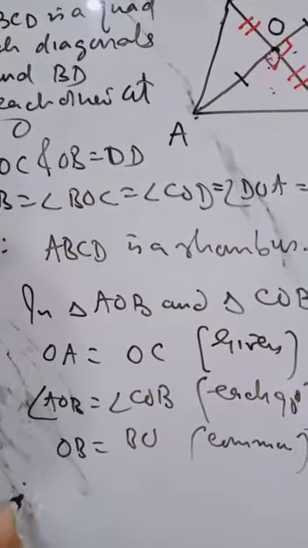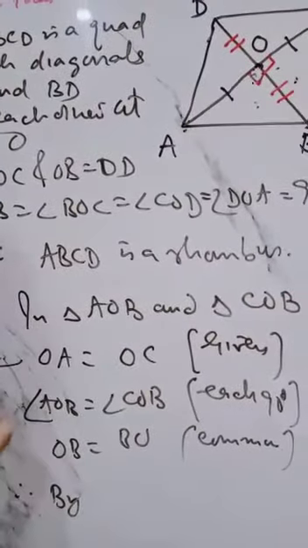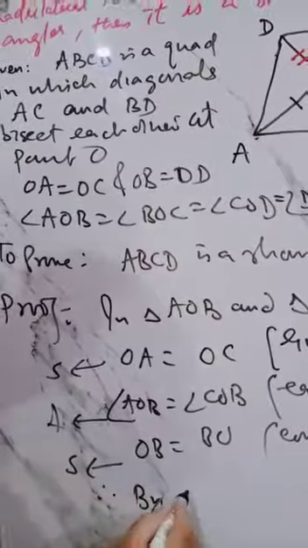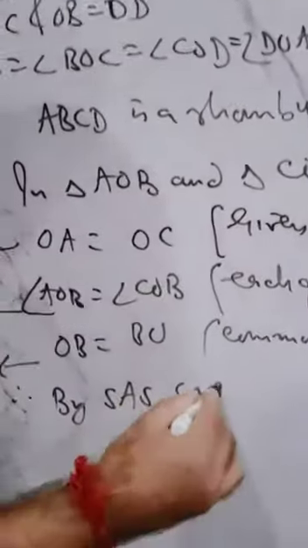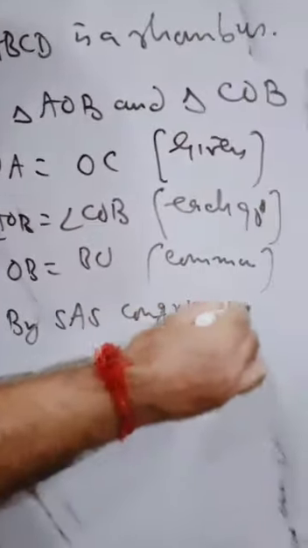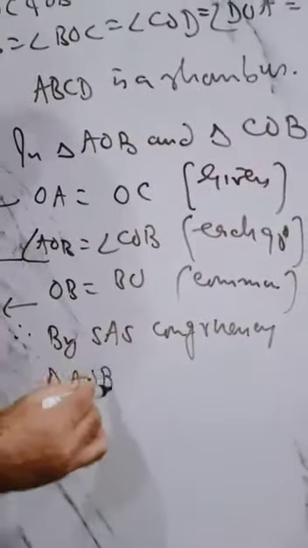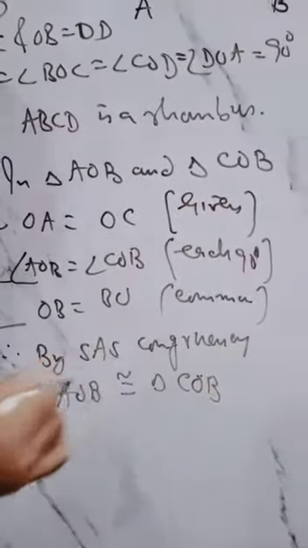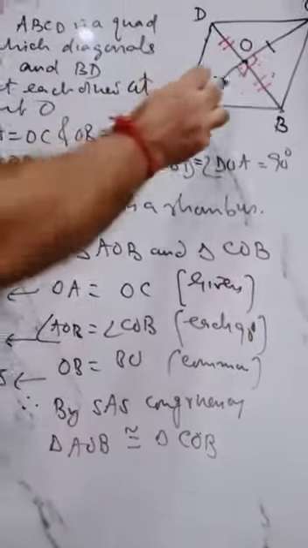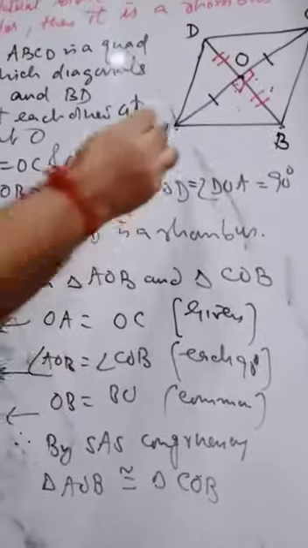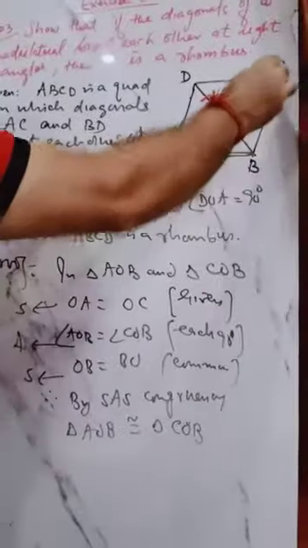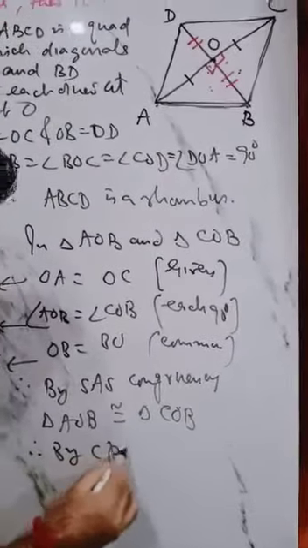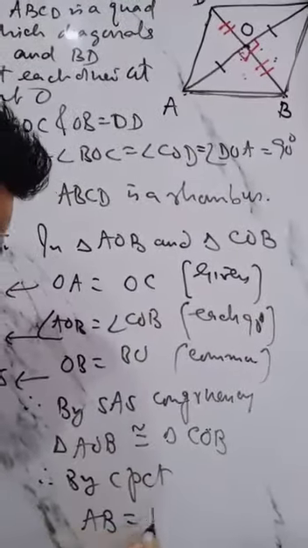So therefore, by side-angle-side congruency, triangle AOB is congruent to triangle COB. So when the two triangles are congruent, by CPCT we get AB equal to BC.